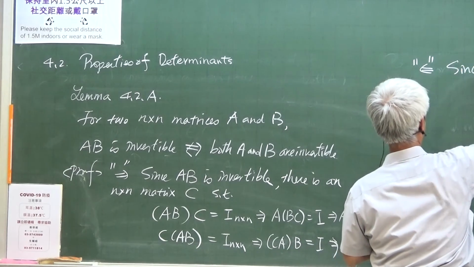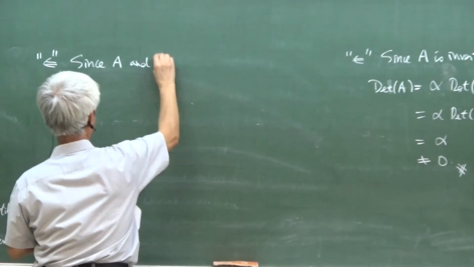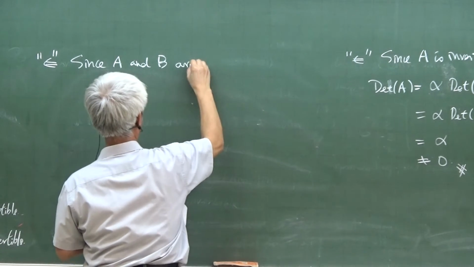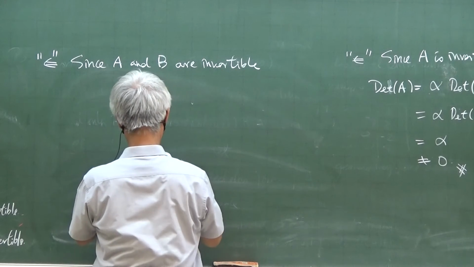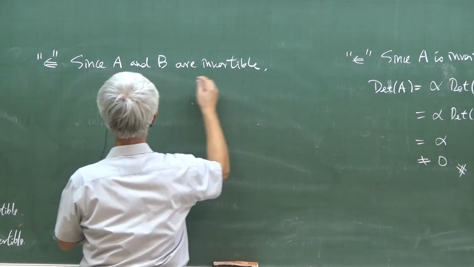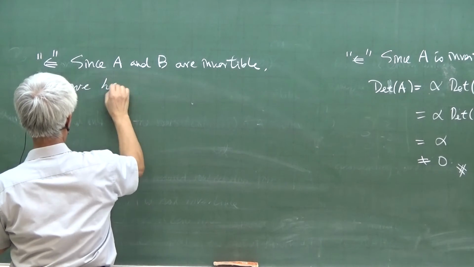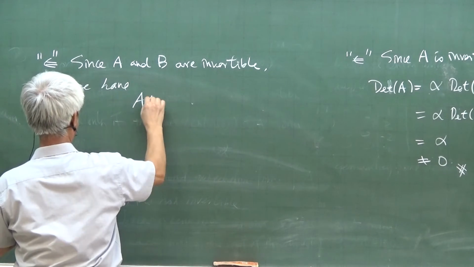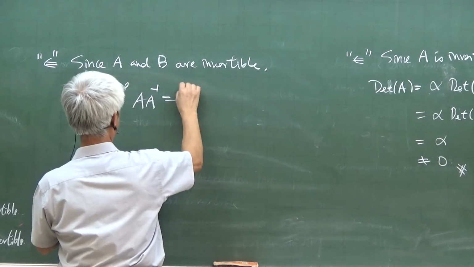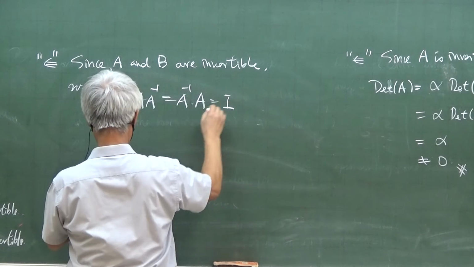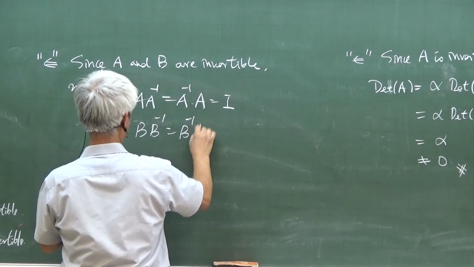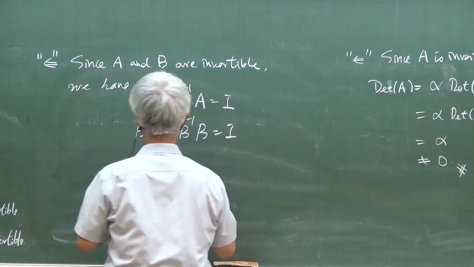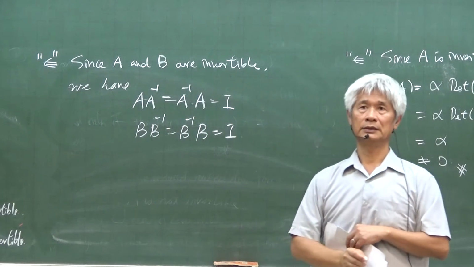Backward direction. Since A and B are invertible, we have A inverse times A equals the identity, and B inverse times B equals the identity.